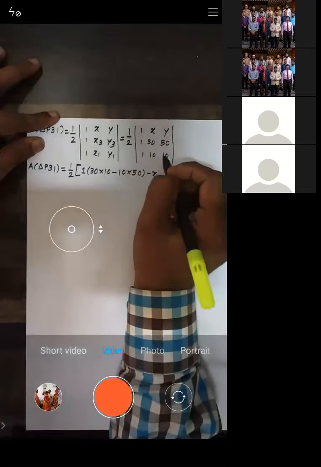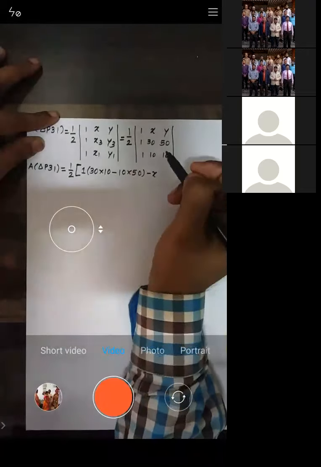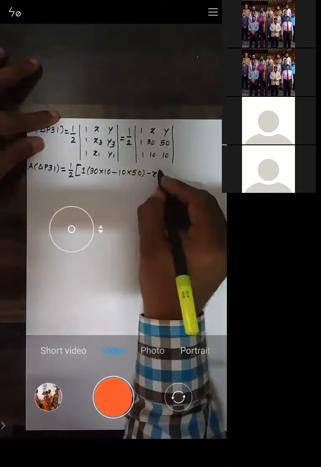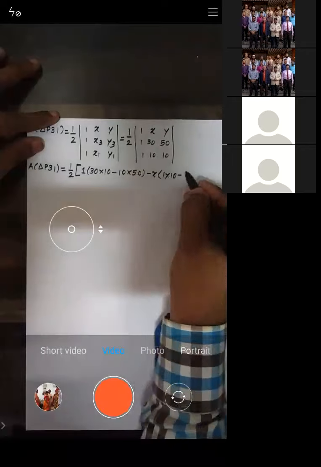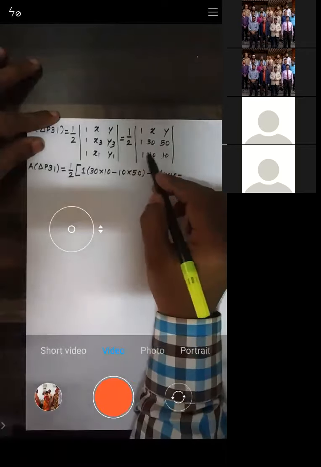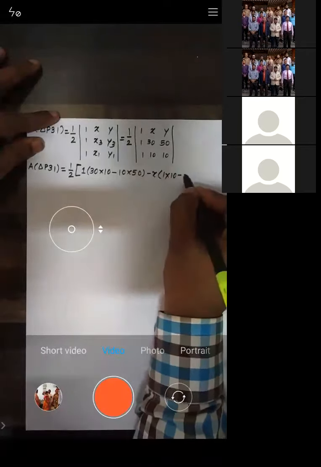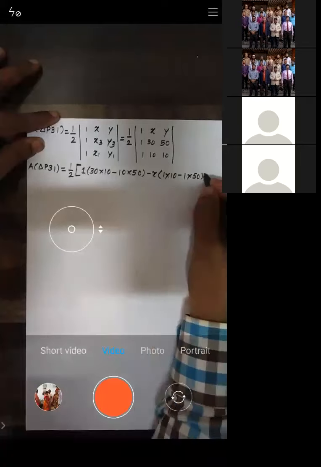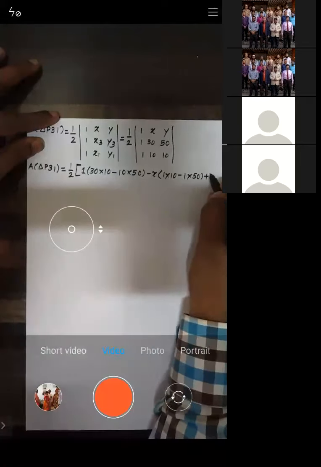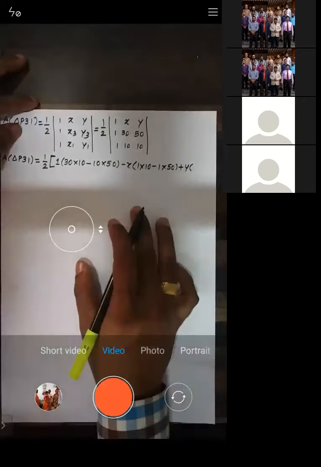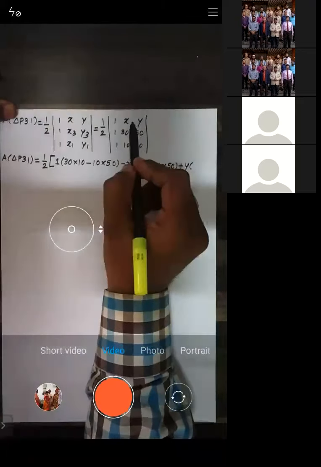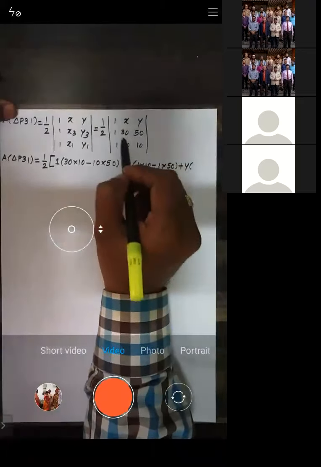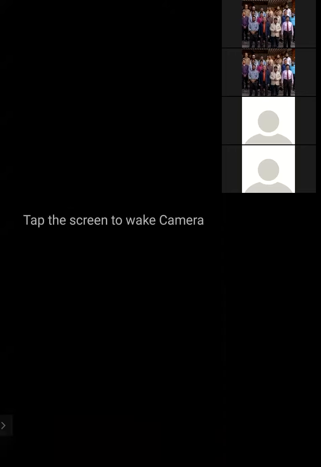What is remaining? 1 into 10 minus 1 into 50. Plus y. What is the next term remaining? This row and this column get cancelled: 10 minus 30. Yes or no?